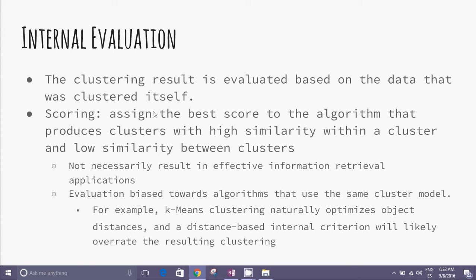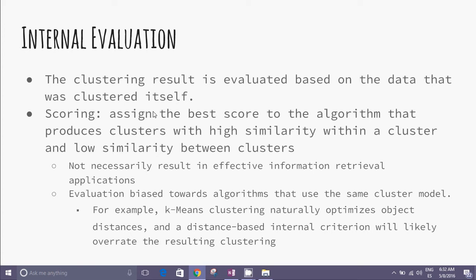In general, extrinsic methods try to assign a score to a clustering, given the ground truth, whereas intrinsic methods evaluate clusterings by examining how well the clusters are separated and how compact they are.